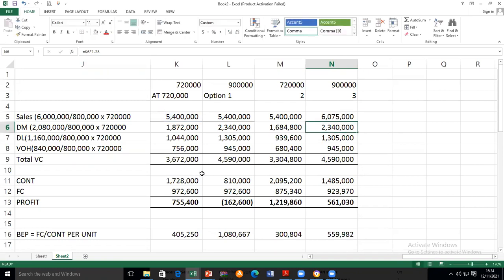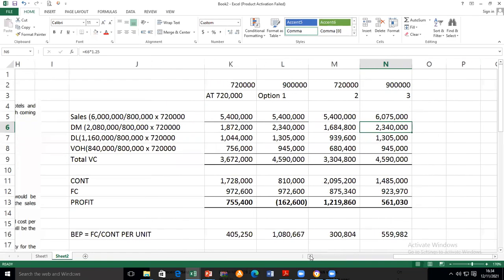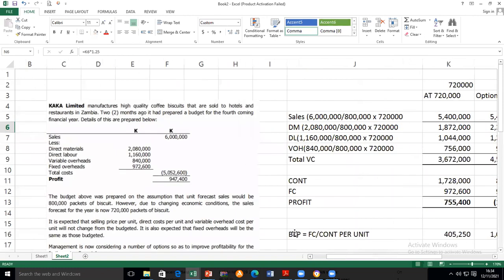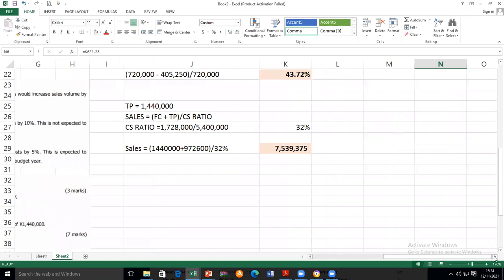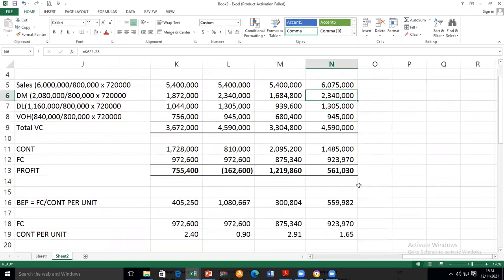Is this 1.25? The 25% is saying it's here. Sales volume increased by 25%. Are you seeing it? Yes.